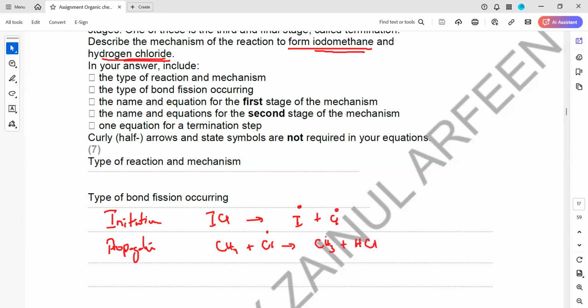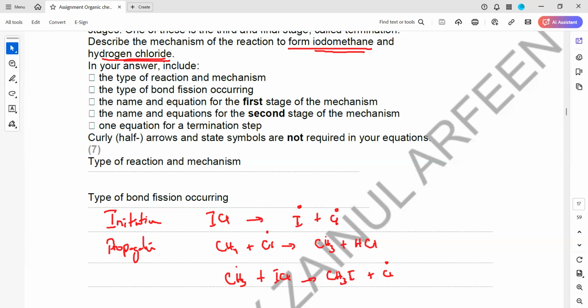And then in the second stage, the methyl radical reacts with the ICl molecule to form iodomethane and a chlorine radical. So if I start with iodine, why is this not correct? Because in the question, we want one of the products to be hydrogen chloride. If it was an iodine radical, the product would be hydrogen iodide. That's why we are not supposed to include iodine there in the first stage.